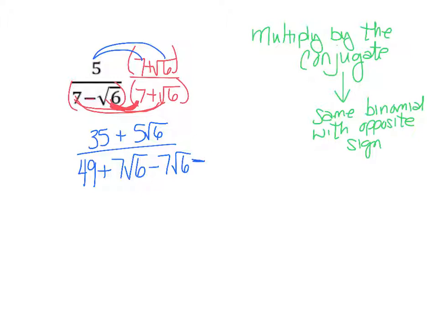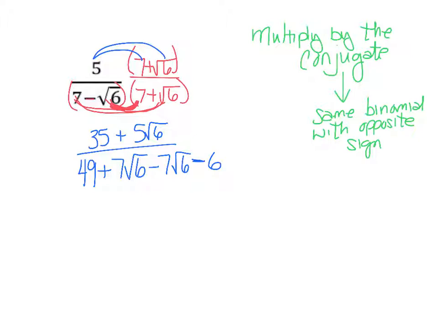Now what's important to notice here is what happened on your outer and your inner. You got the exact same thing because we chose to use the exact same numbers, but one's a positive and one's a negative because we chose to use the opposite sign. That will happen every single time you multiply by the conjugate. That's why we do it.